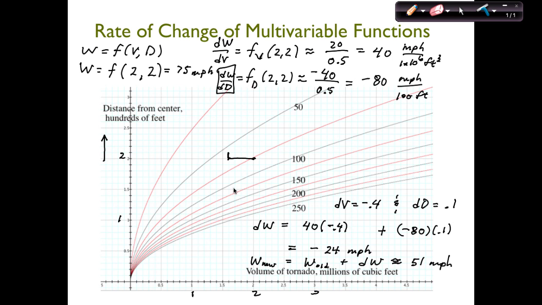Okay? So I'm taking these changes in combination, at a ratio of -4 to 1. Is that right?